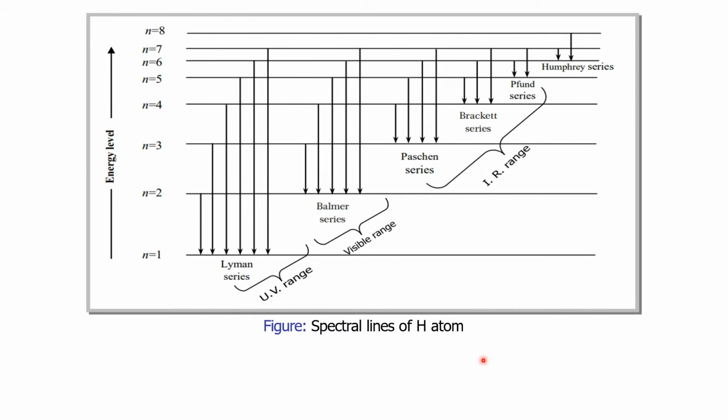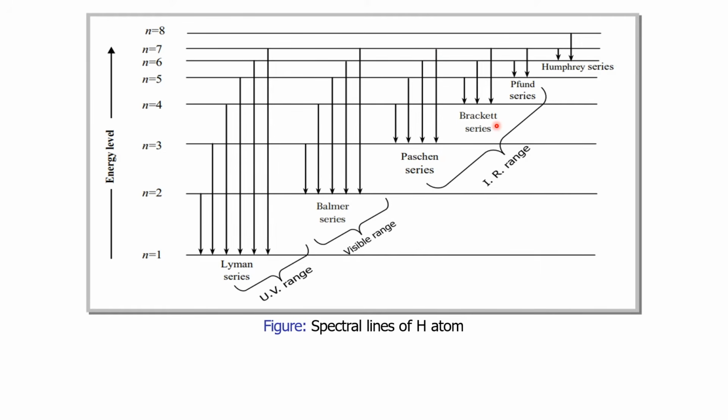You can see that for the Lyman series, the value of nf is 1 and ni can be 2, 3, 4, 5, 6, etc. Similarly, for the Balmer series, the nf or final quantum number is 2 and ni can be 3, 4, 5, 6, 7, 8, etc. And for the Paschen series, nf is 3 and ni is again 4, 5, 6, etc. and so on.